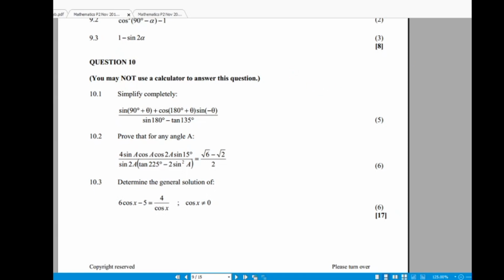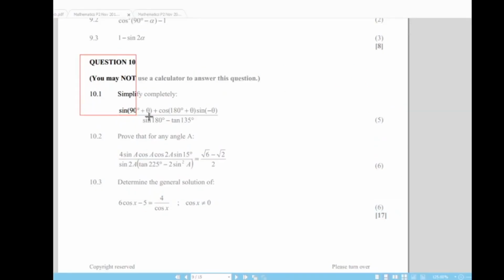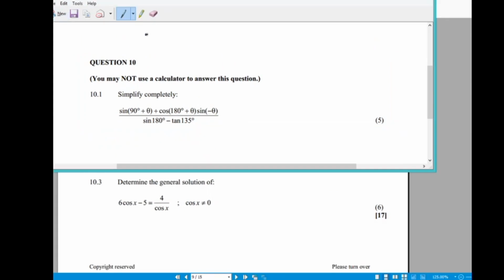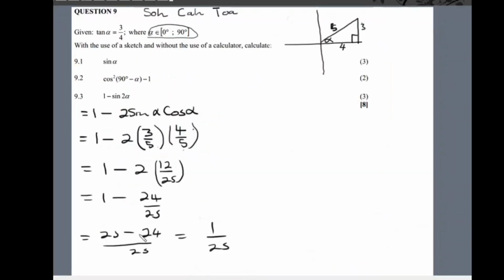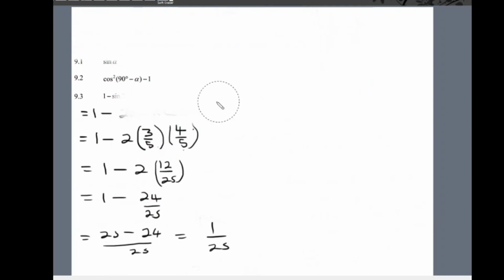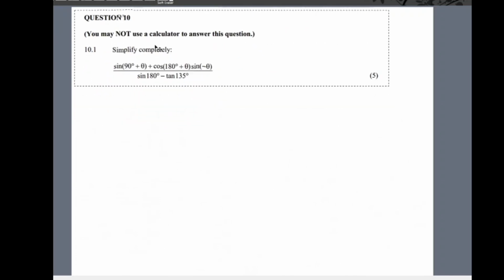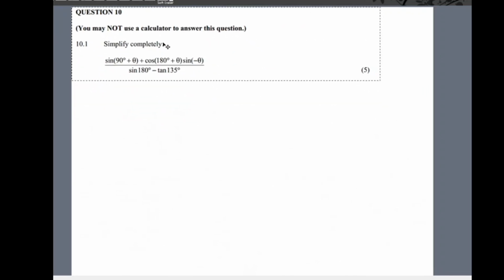Let's copy 10.1 to our whiteboard. So in 10.1 we must simplify completely, right?